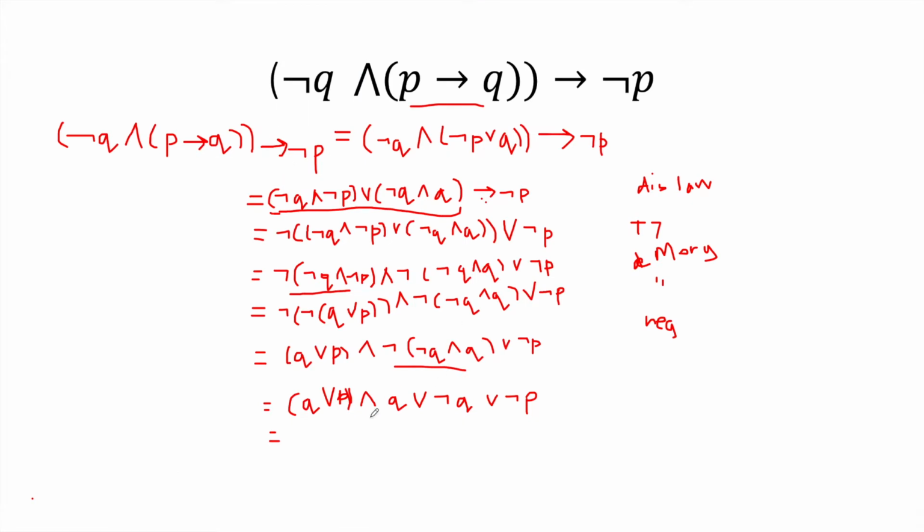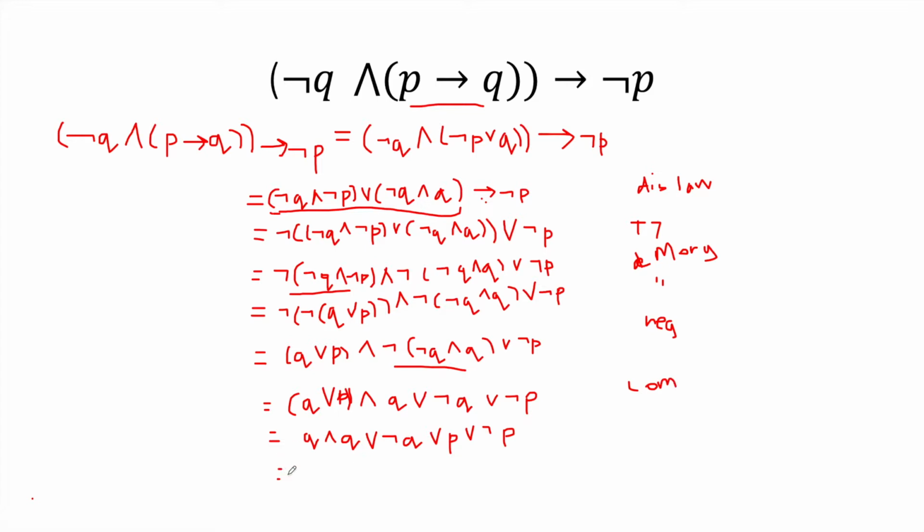By using commutative law, it will be Q and Q, R negation Q, R P, R negation P. This one is commutative law.